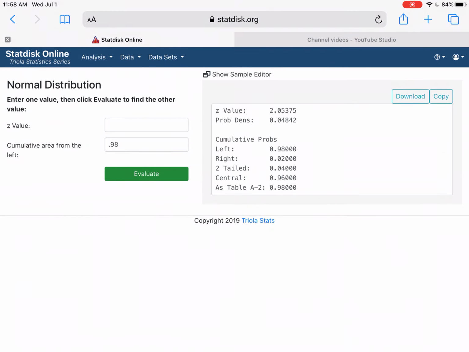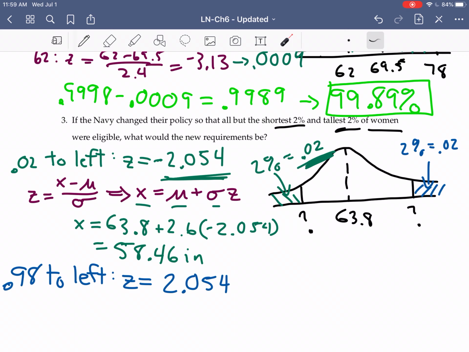So the z value that has 2% to the left should have the opposite sign of the value that has 2% to the right. That would be true for anything. The z value with 3% to the left is the opposite sign of the z value that has 3% to the right. And you could go through that for each number.